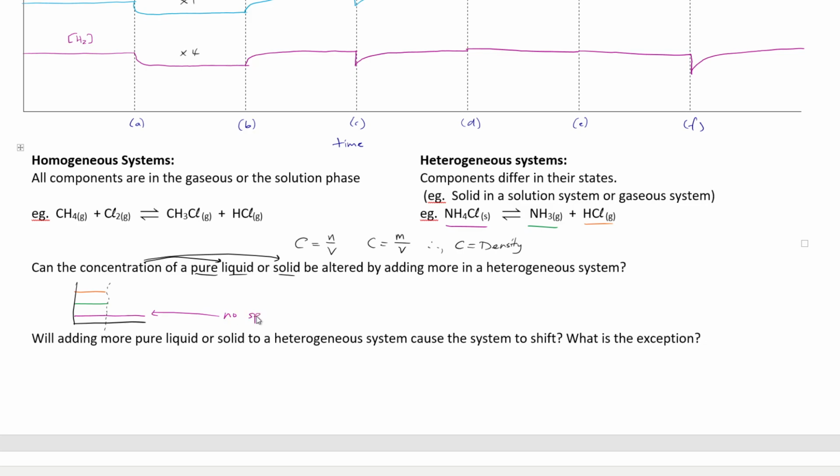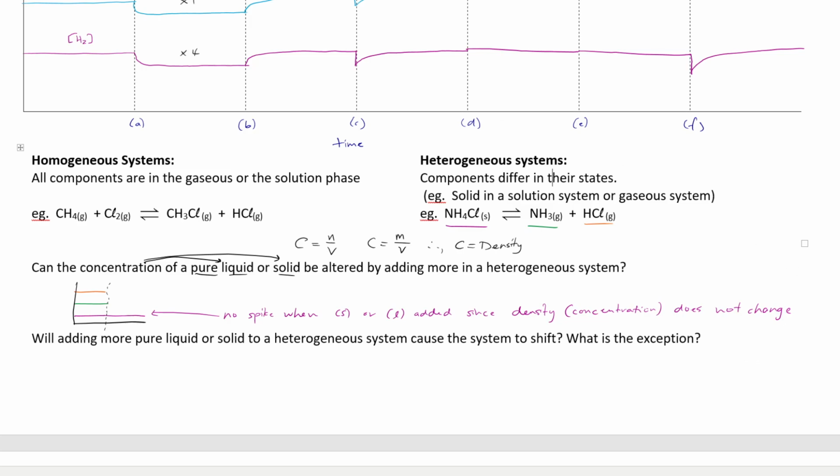No spike when a solid or liquid is added, since density, which is concentration, does not change. Remember that at a specific temperature, density for solids and liquids is constant.